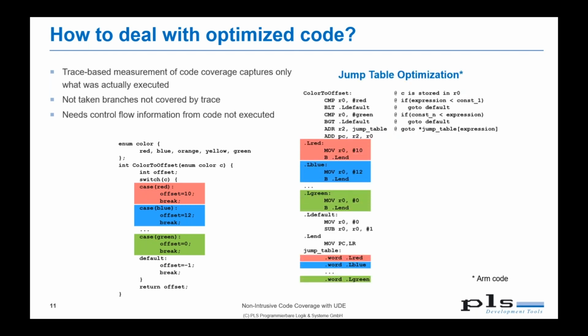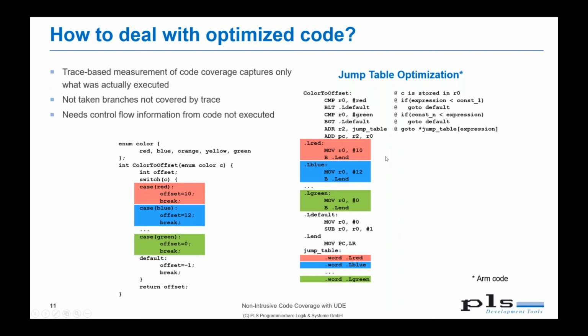If we look at this example here, this is a simple switch statement with 5 case statements in it. If you compile this with some optimization settings, then the compiler may create a so-called jump table out of this.